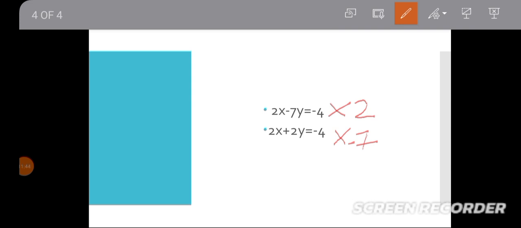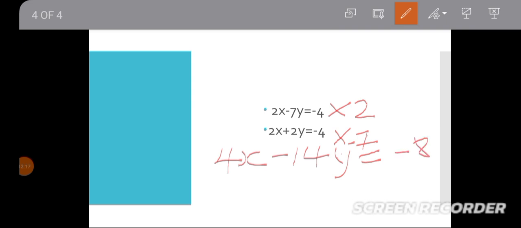So 2 times 2 will give us 4x, right? And 2 times the negative 7y will give us negative 14y, equal 2 times a negative 4 will give us a negative 8, right?